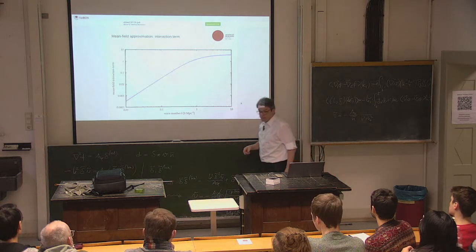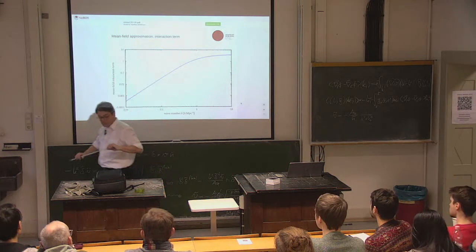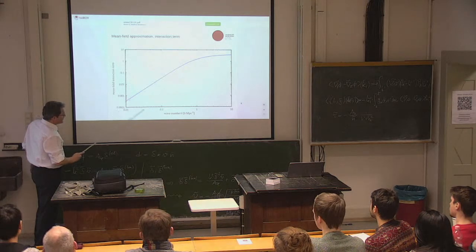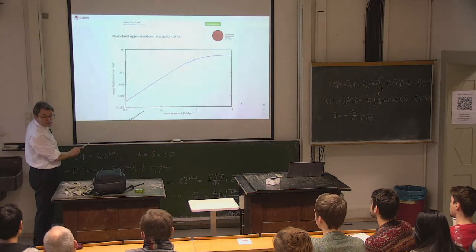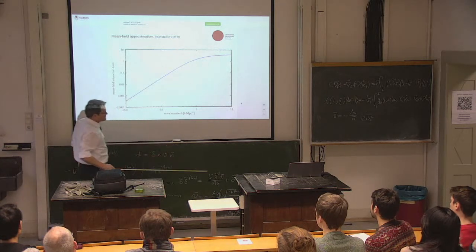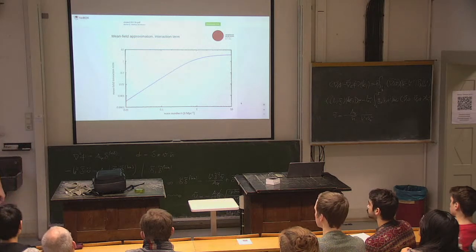This is just the exponent of this prefactor. You see, it's very small on small wave numbers, so you don't see it over here. It becomes large for large wave numbers, and it becomes scale independent.